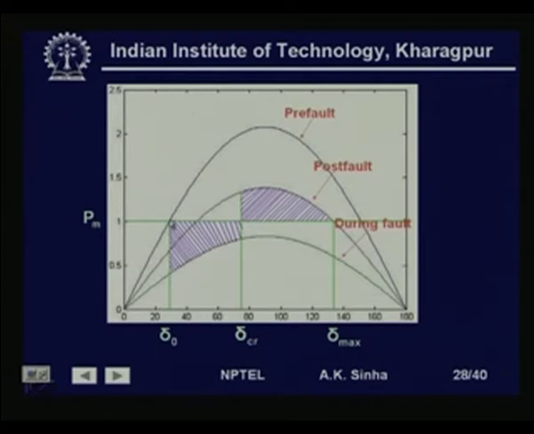Now, we have an initial operating point here, which is 27 degrees, and when the fault occurs, the operating point jumps down to this point and it accelerates around this. When the fault is cleared at this point, it will jump here and it will move around this. Now, if this point of clearance is the critical clearing angle, this delta CR, then the total decelerating area must be equal to this area, which is the accelerating area.